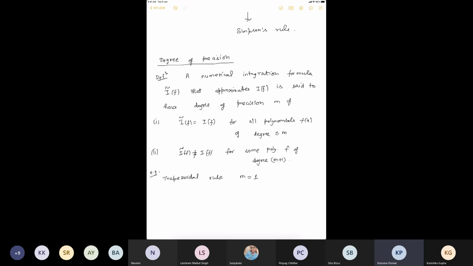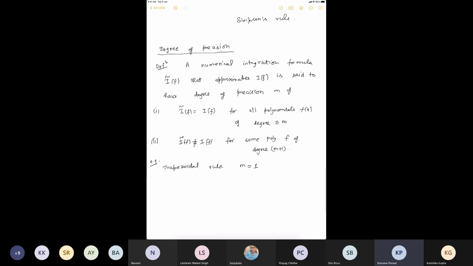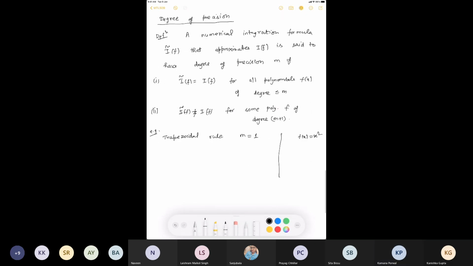And now if you want to check whether I tilde f is not equal to I f for a polynomial of degree less than or equal to m plus 2, m plus 1 is going to be 2, you simply take f(x) equal to x square. Now you can compute the value of this integral, so you can compute I f, which is going to be the integral from a to b of x square dx.